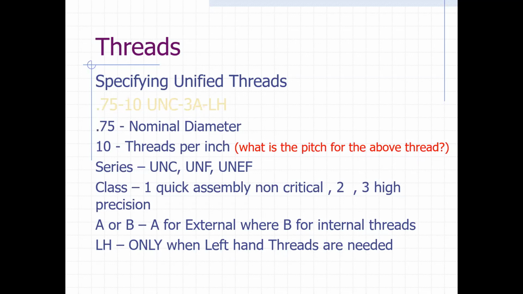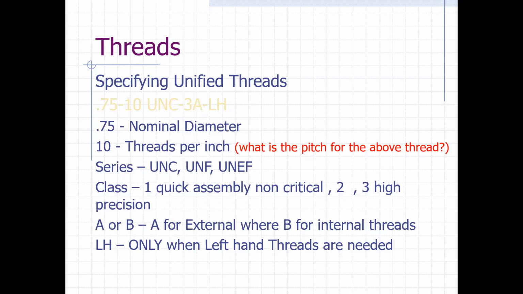So the A or B after the 3 in this case, A is for external threads, B is for internal threads. That's all there is to that. I hope that they have a torque spec also. They don't just put an impact to it. Snug it up. The torque specification depends on a lot of different variables other than just the fastener, like what the base material being threaded into is, and what the application is.